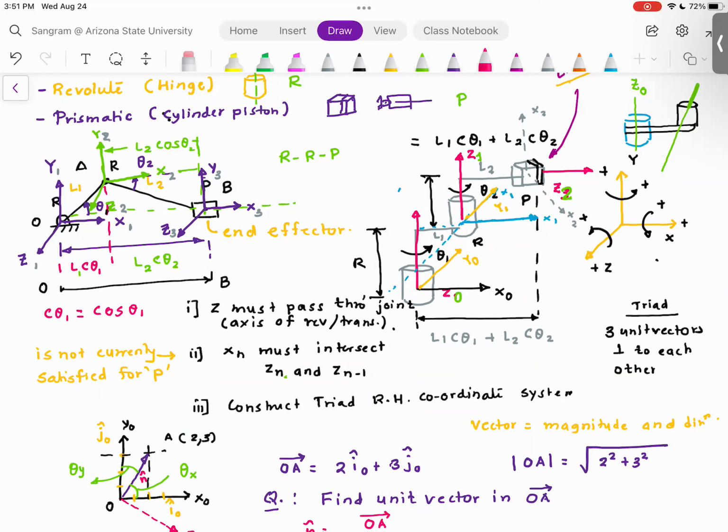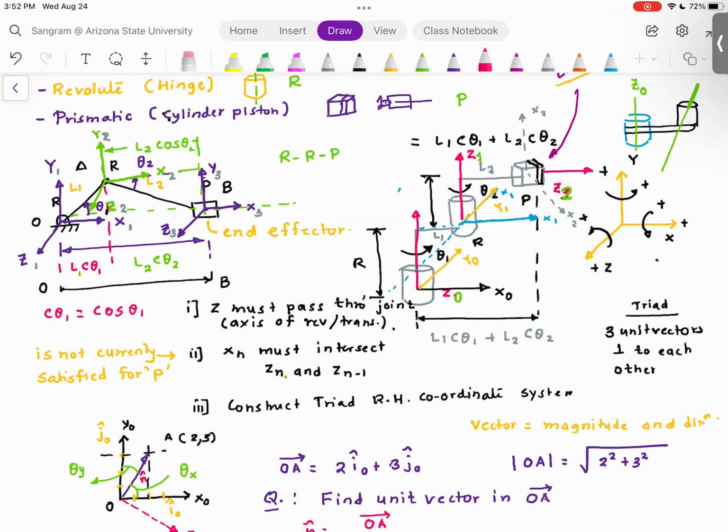If you look at the first horizontal link, that is conveniently expressed in the x0, y0, z0 coordinate frame. The second horizontal link, L2, is conveniently expressed in the x1, y1, and z1 coordinate frame.